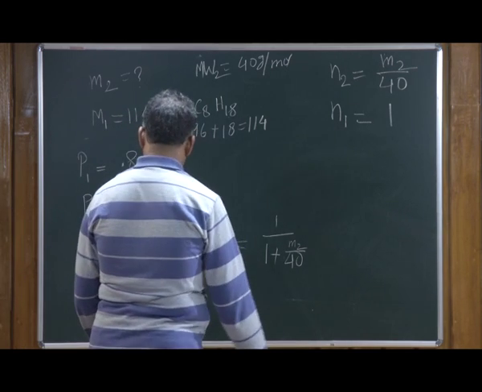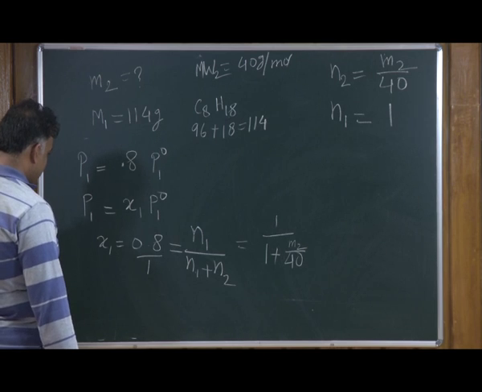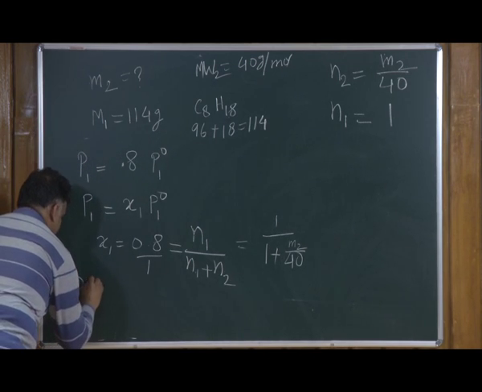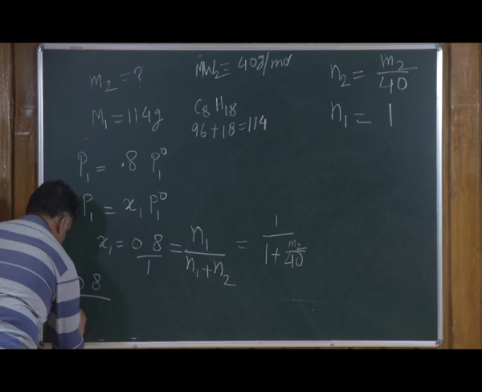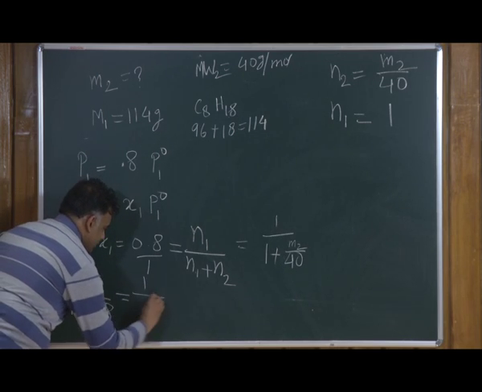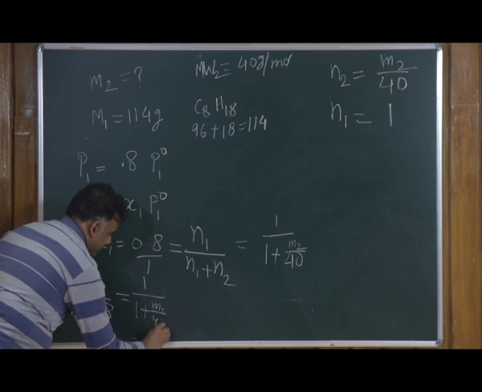Now, simply doing a little bit of algebra, subtracting numerator from denominator, we will get 0.8 divided by 1 minus 0.8 equal to 1 plus M2 by 40 minus 1.